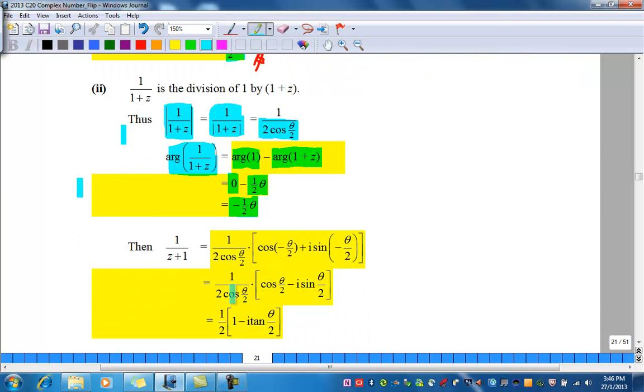Therefore, the complex number 1 over 1 plus z is equal to 1 over 2 cos theta over 2 times cos minus theta over 2 plus i sine minus theta over 2, which is the polar form.